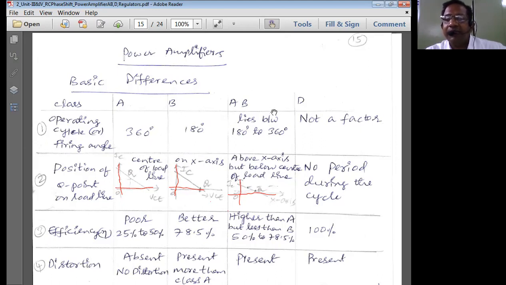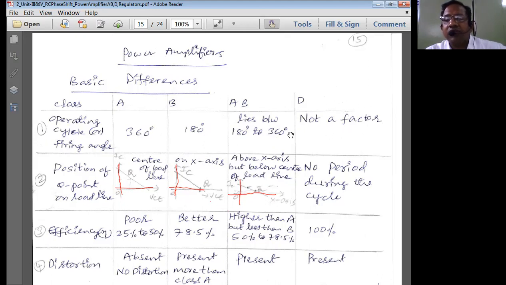it is called a class B power amplifier. Similarly, class AB firing angle comprises 180 degrees to 360 degrees. And in the case of class D, we don't even consider the firing angle. Why? Because it is meant for digital audio systems. So the firing angle is not a deciding parameter for its classification, because it is used for digital inputs, not analog inputs.